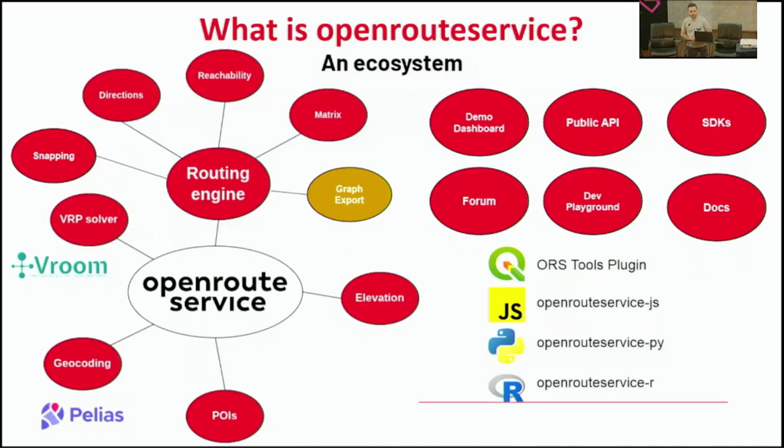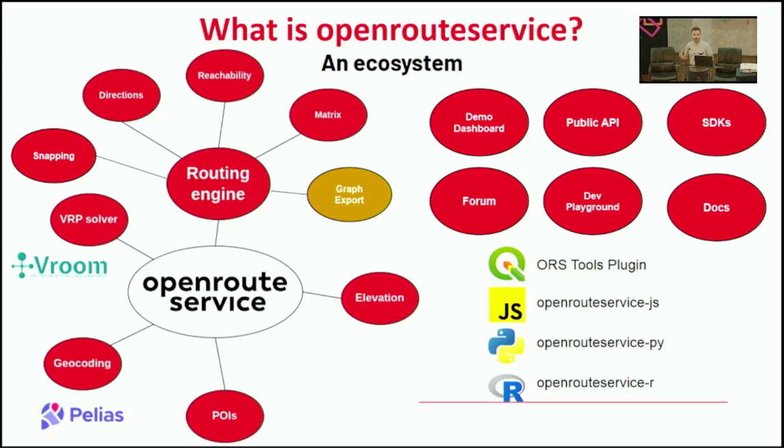All right, so I already said that OpenRouteService became an ecosystem over the time, and it grew massively feature-wise and also in what we offer for the community. So I already showed you the directions, the reachability, and the metrics endpoints, but we have more, like the snapping endpoint, where you can snap a lot of coordinates on the route network using OpenRouteService. This is a really cool feature.